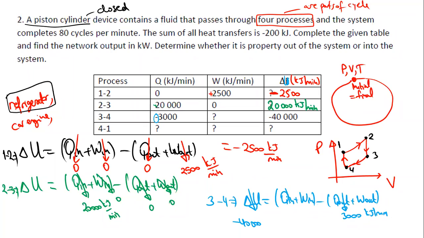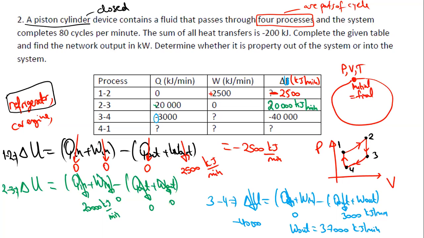And the Q in is 0. This one is negative. From the combination of the equations, we see that work in should be 0. You can see negative 40,000 should be equal to negative something plus something. Therefore, the work out term should remain here. That will be 37 kilojoules per minute.